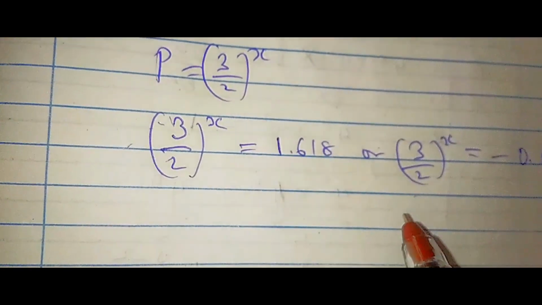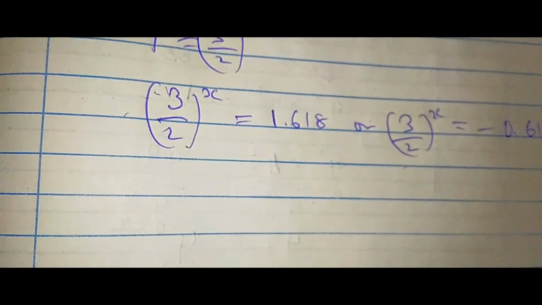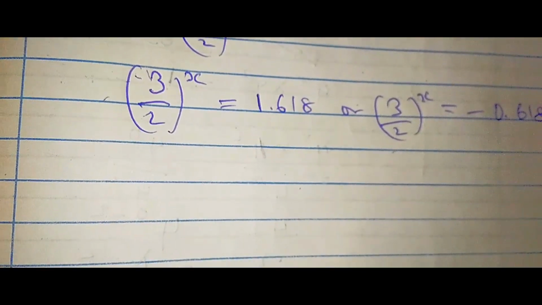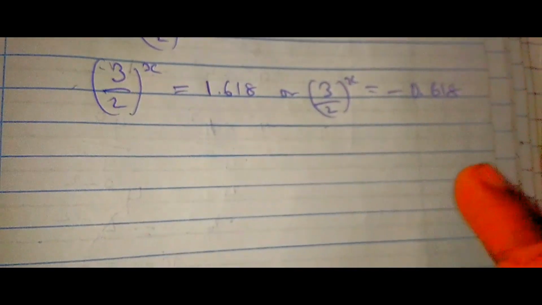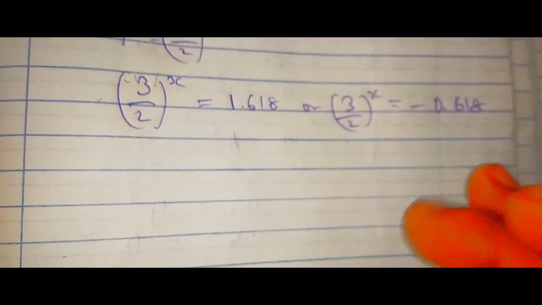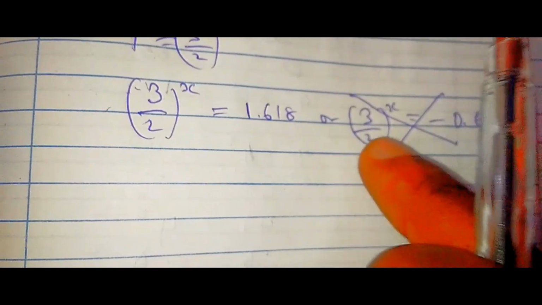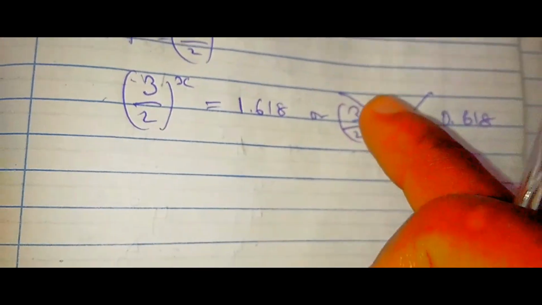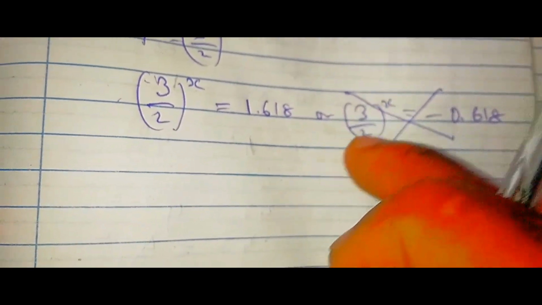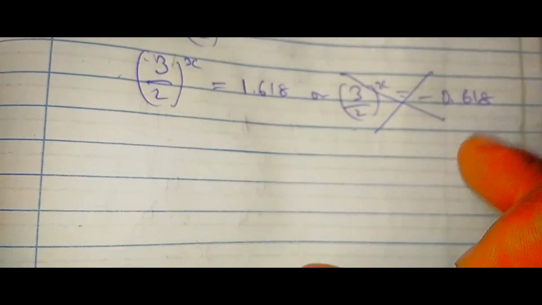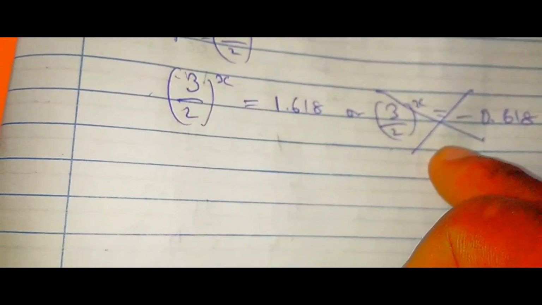Now, it is not possible for us to raise a real number to any power to get a negative number in indices. So this is cancelled, because it is practically not possible.